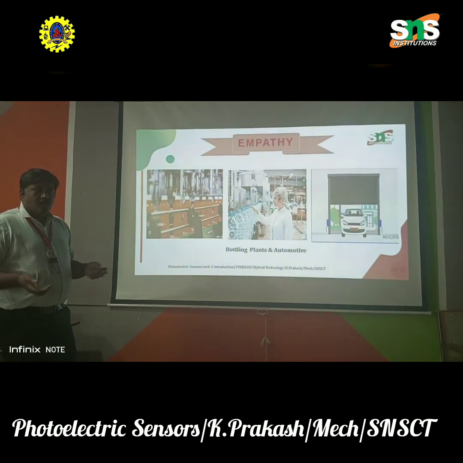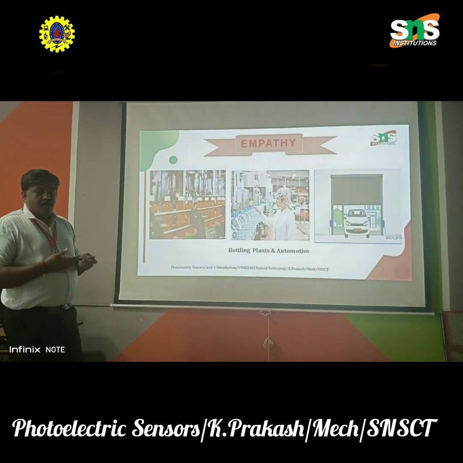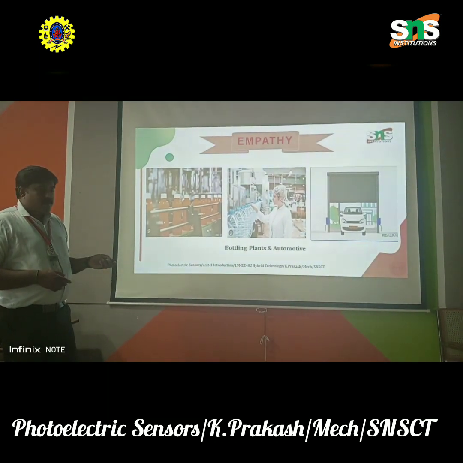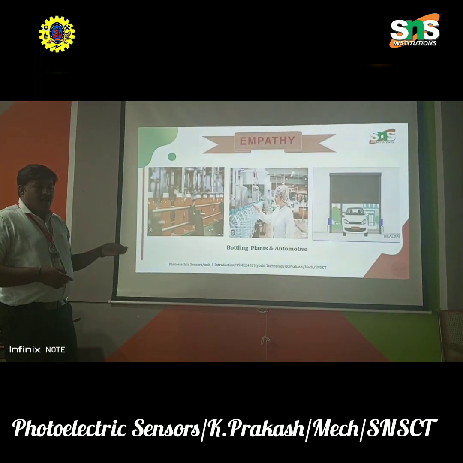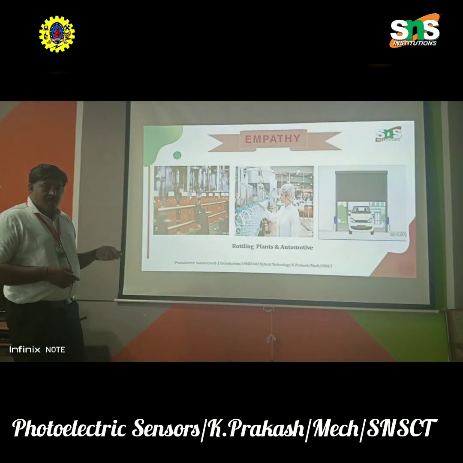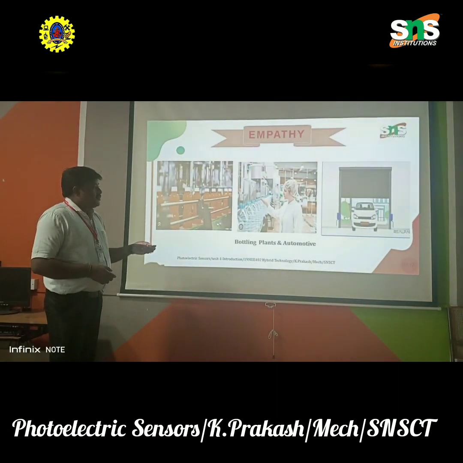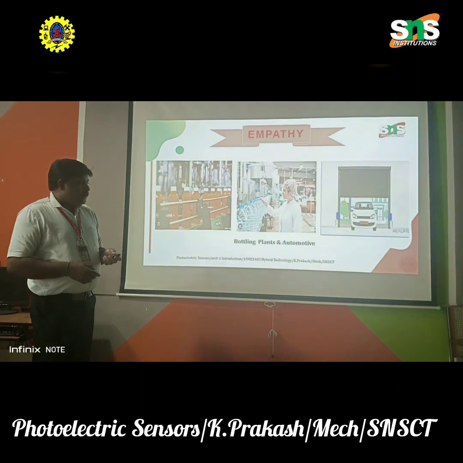Because thousands of products are produced within hours or day by day, manual counting is difficult, and with the use of human power, there is a possibility of error in this counting. So how to rectify this?